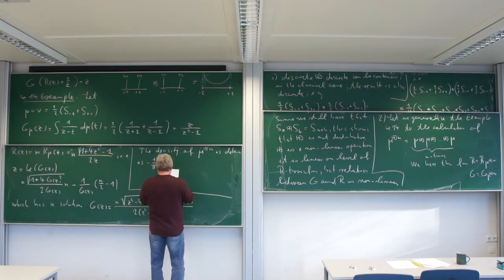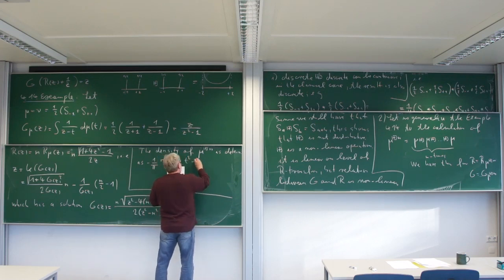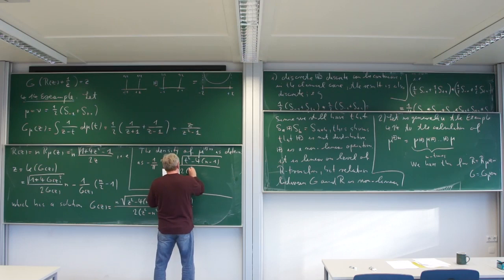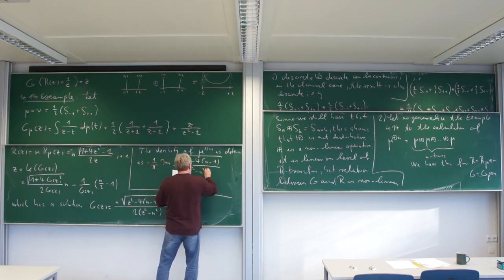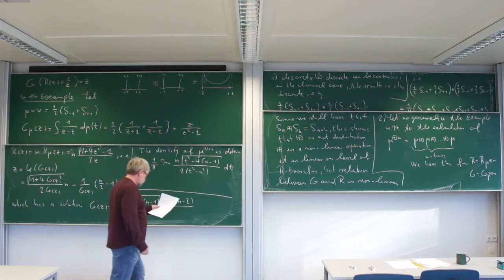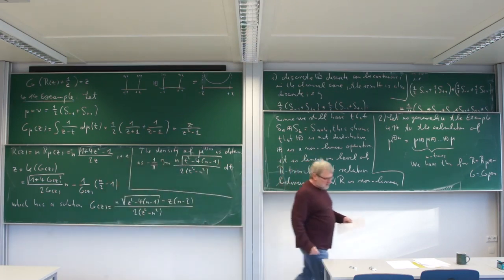So this is then n times the square root of t squared minus 4 n minus 1, divided by 2 times t squared minus n squared, dt. Okay.